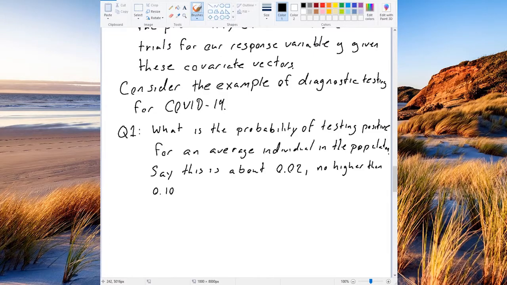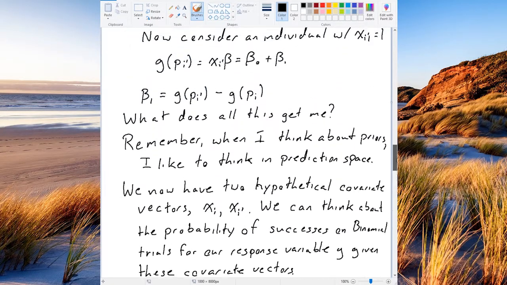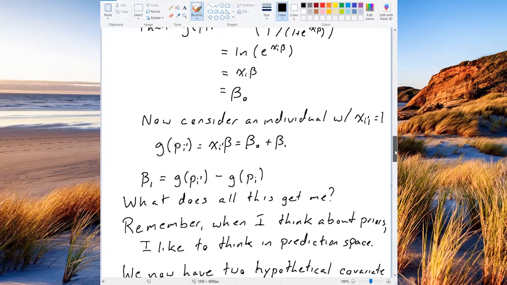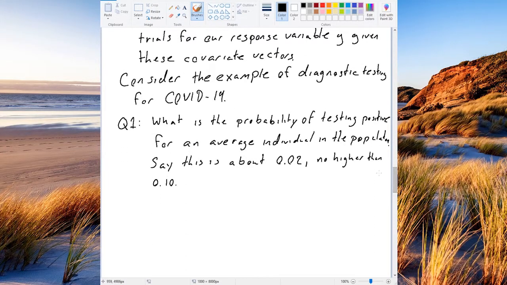Probability of testing positive for an average individual is 0.02, and it's no higher than 0.10. Well, we know that I can do this sort of back conversion. g of pi is beta 0. g of 0.02 then should be something like my expected value for beta 0.